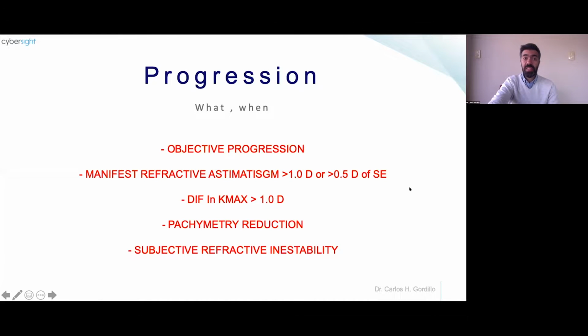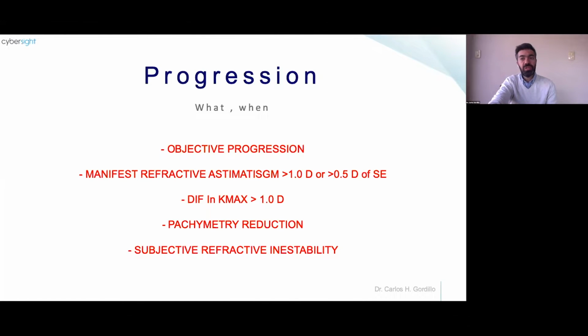We have the objective progression that we can see in the topography maps. Then we have the manifest refraction that is changing more than 1 diopter or more than 0.5 diopters of equivalent spheric. And when there's a difference between one eye and another, more than one, when the axis is not coincident in the refraction with the autorefractometer and the manifest refraction, when there is a reduction of the pachymetry, and of course, when the patient tells us that the vision is changing.